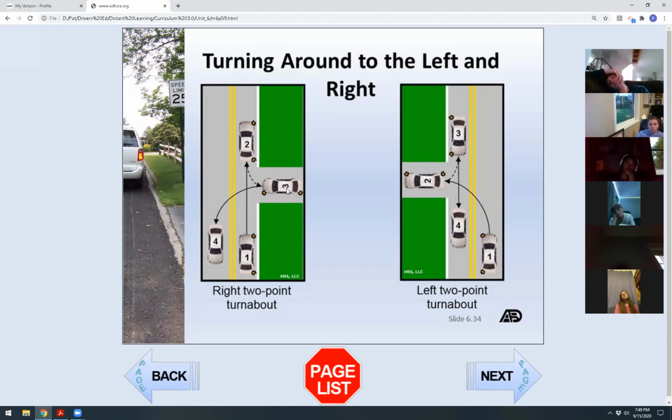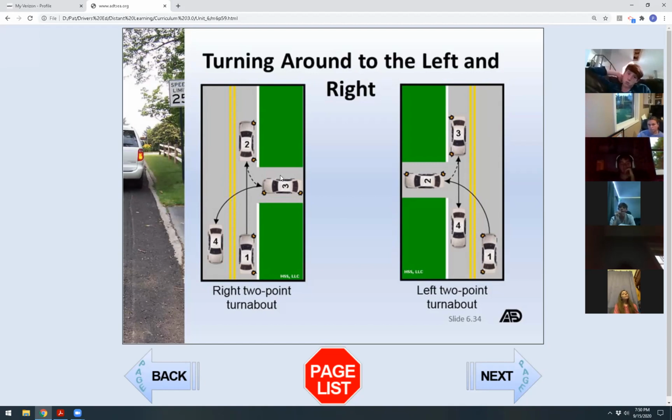Now, why did we back into it instead of pulling forward? Well, the reason for that is that when we leave this driveway, we're crossing two different directions of traffic. This lane cars are going this direction, this lane cars are coming back this direction. And anytime we're going to cross two directions of traffic, we want to be looking forward.